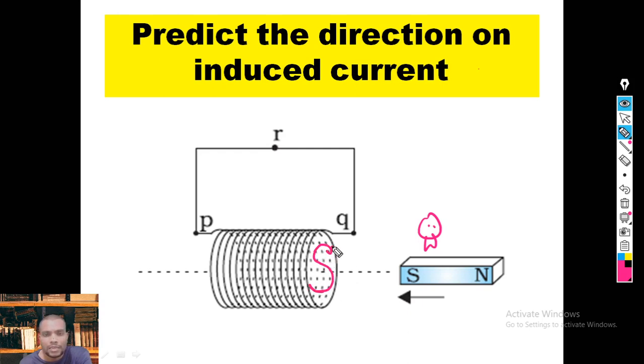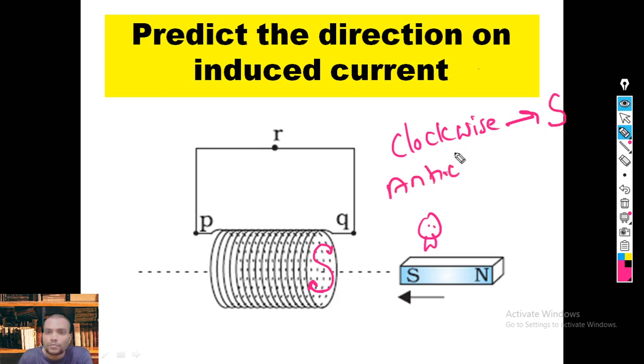Because the induced current develops in such a way that it opposes. Since the south pole is approaching the coil, the south pole should come in the coil. So to form a south pole here, the induced current will flow in the clockwise direction. You remember that clockwise contributes to south and anti-clockwise contributes to north.